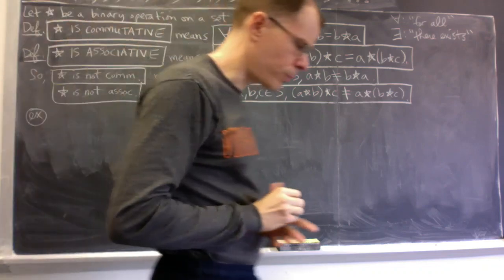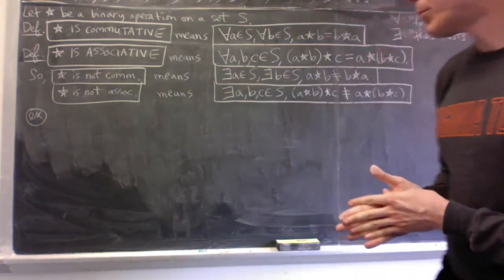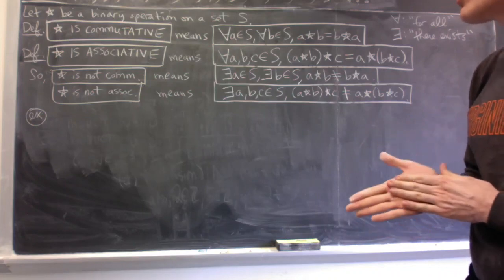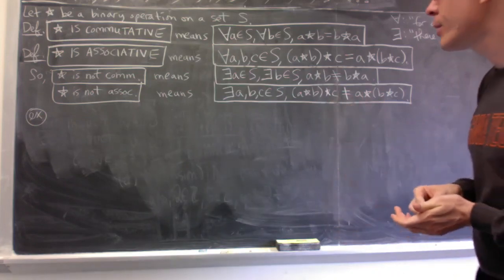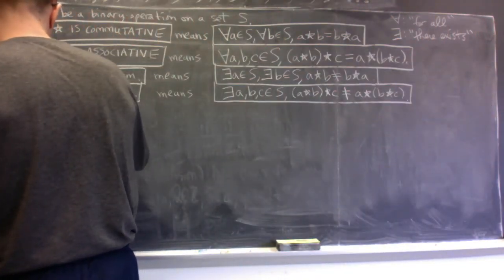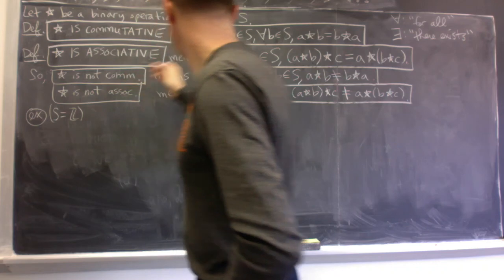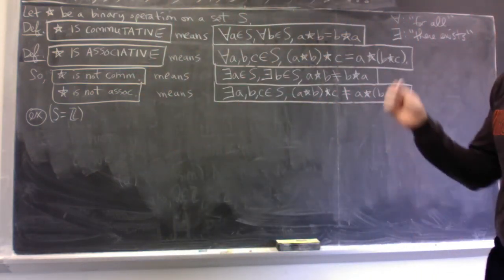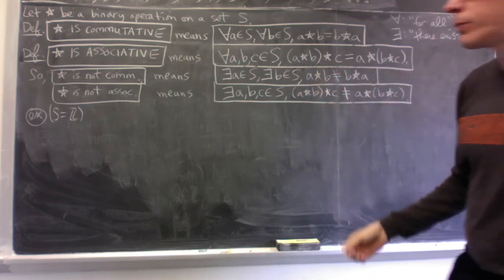of some of these operations we've just been looking at. Some of them are commutative, some of them aren't. Some of them are associative, some of them aren't. For a famous example, if we start on Z, the set Z, addition is commutative. A plus B is equal to B plus A for any integers. It's also associative.